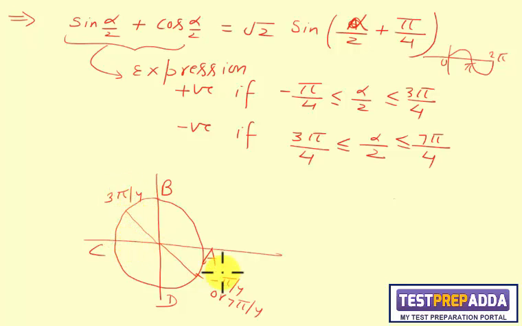Okay, now minus pi by 4 to 3 pi by 4, it is positive. So this side it is positive. This side it is positive. And this side, if I talk about, this side it is negative. Got the idea?